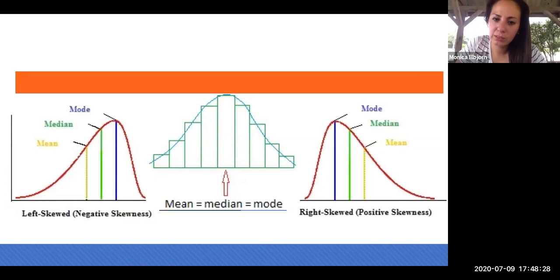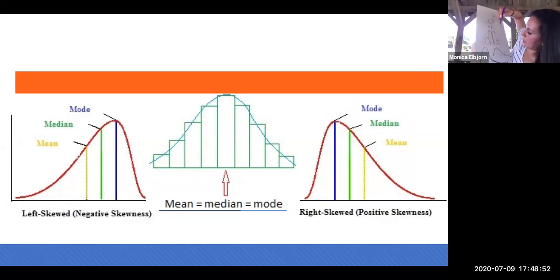Mode is the thing that occurs the most, correct. If the thing that occurs the most is your average or your mean, then that means your data is normal. You want all of your points being here.